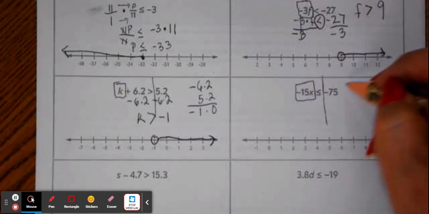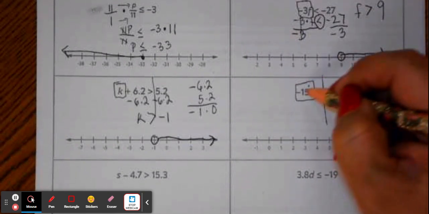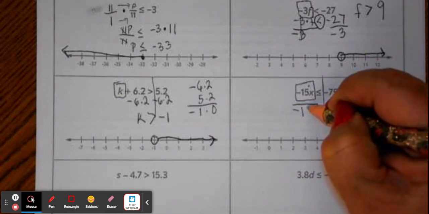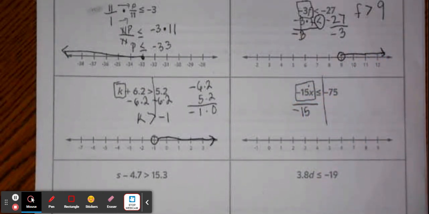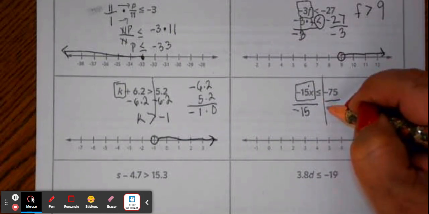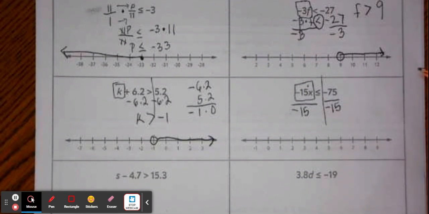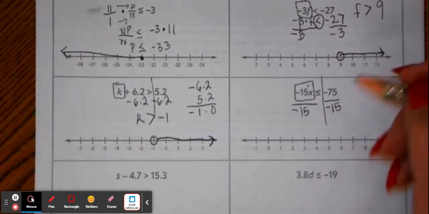Because I'm multiplying, it would be negative 15 times x, I will divide by negative 15, and I will bring that on this side, negative 15. When I am dividing by a negative number, what do I do with my symbol? Absolutely right. I'm going to flip it.